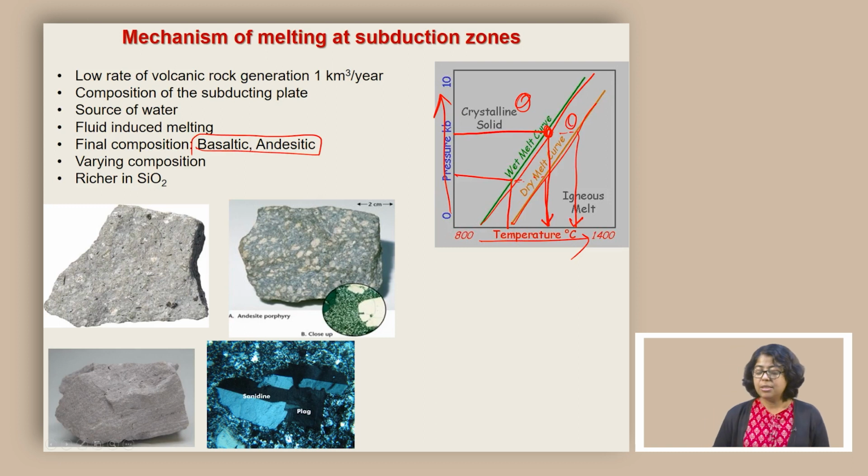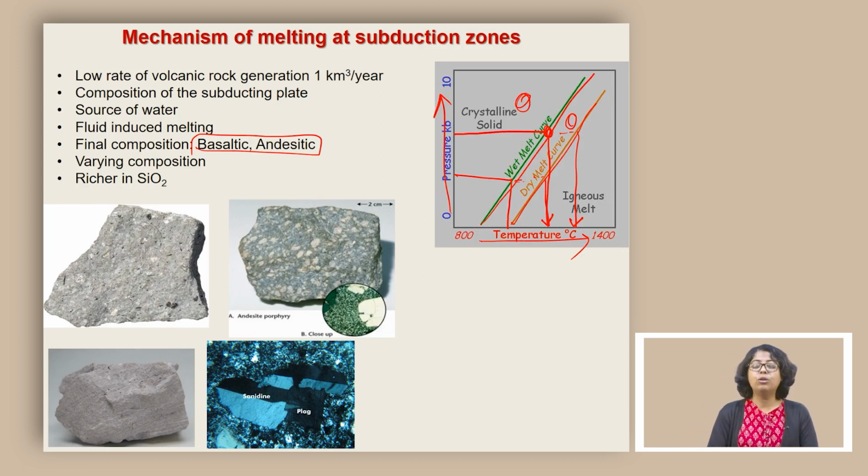And because of this, subduction zones will see the fluid induced melting. The production of volcanic rocks in these places is much less compared to the divergent boundaries in the oceanic plates that we have seen before.